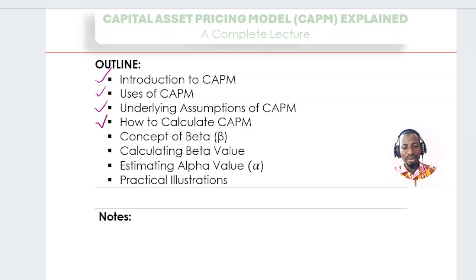Let's talk about how to estimate the capital asset pricing model. Of course, we have done a lot of calculation under it.